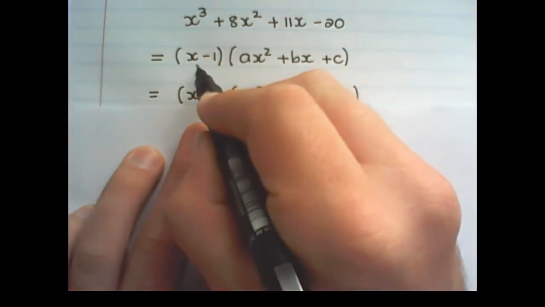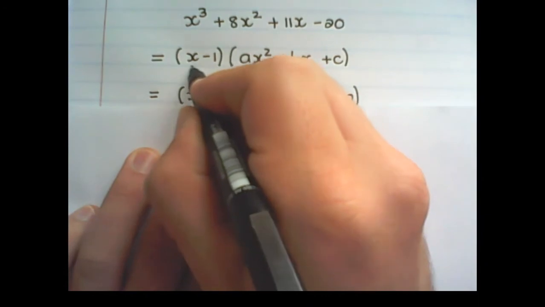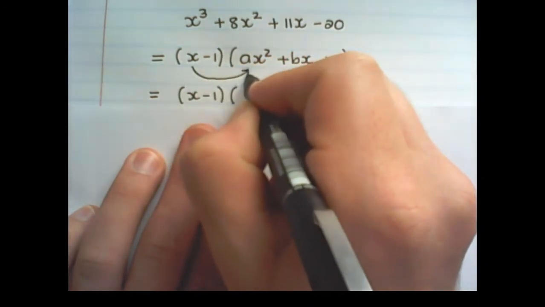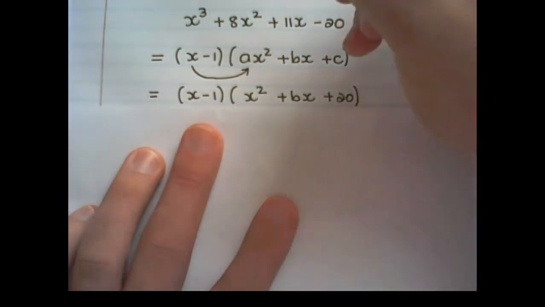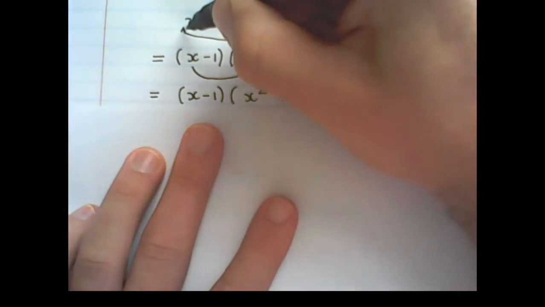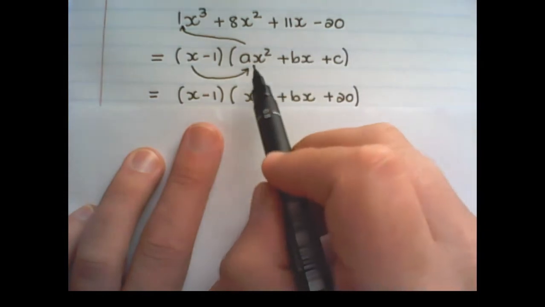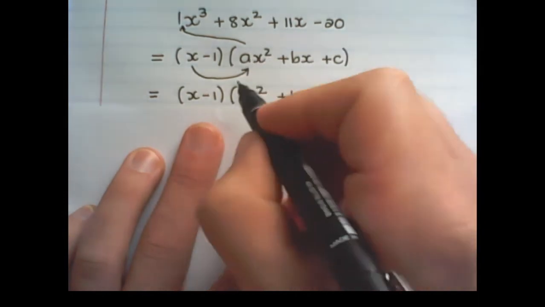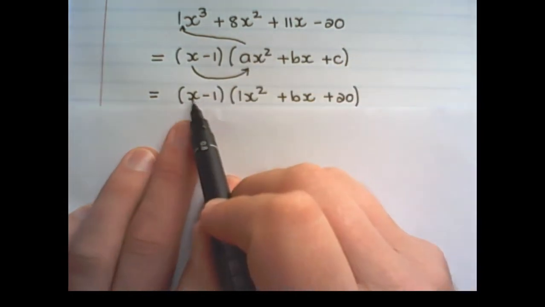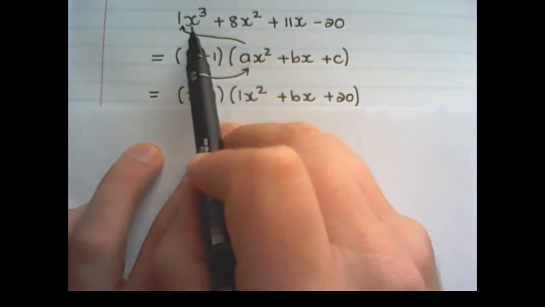So to find the value of a, I multiply x with x squared, and I need to find a coefficient of 1. So if I replace a with 1, I will get x times x squared is x cubed.